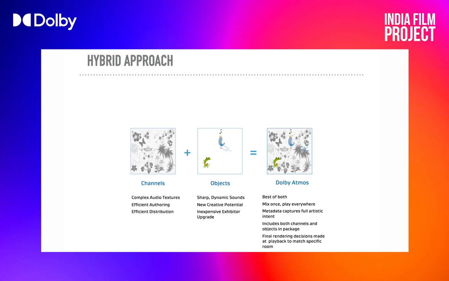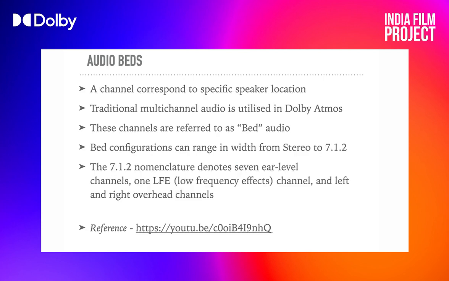But most of your other elements can benefit by being treated as objects. So in Atmos, we have a hybrid approach where we use the best of both channel-based as well as object-based approaches and combine them together to give you the final total experience. So over to Baylon again to explain how he actually works with Dolby Atmos.